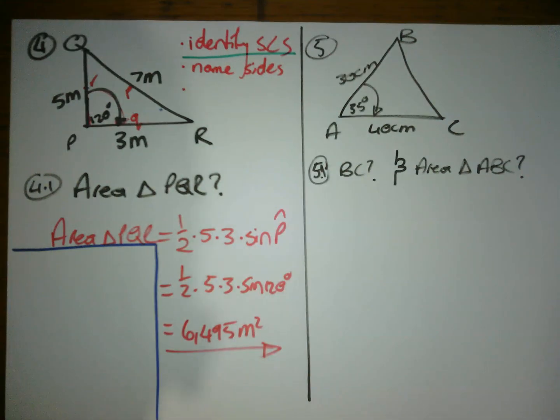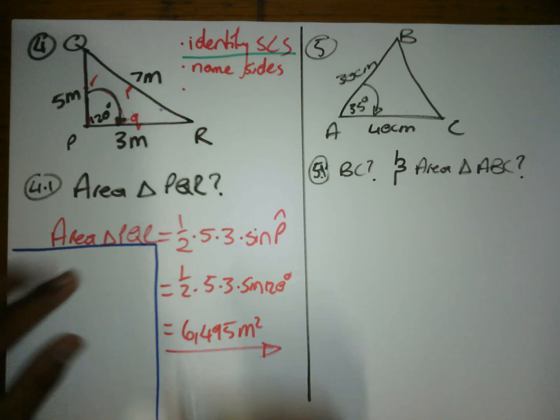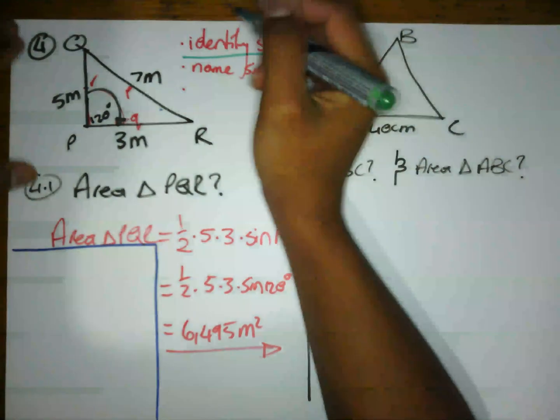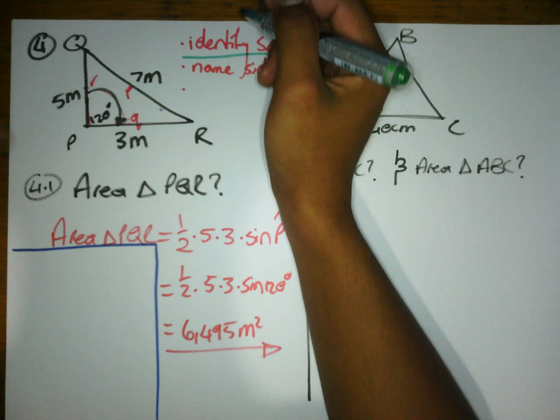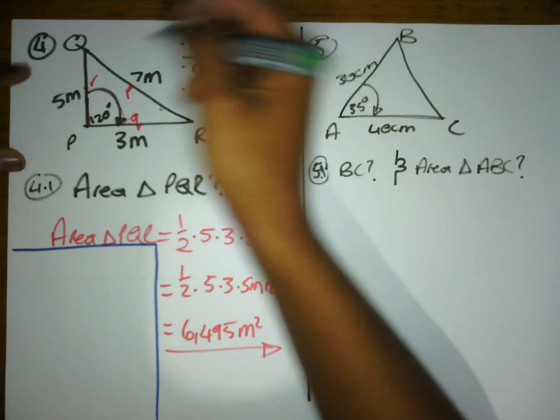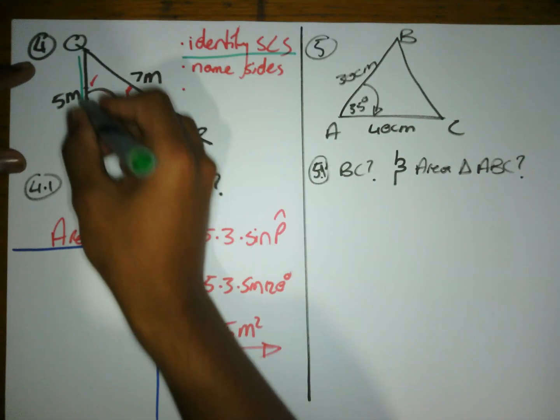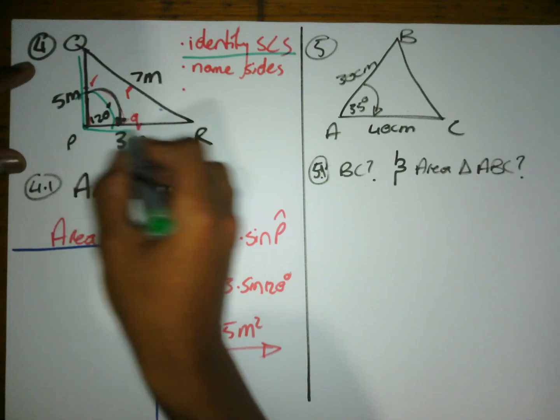Identify a side, angle, side. You will only deal with that side, that angle, and that side. So always look at where the side angle side is sitting. So here's my side, here's my angle, and there's my other side.